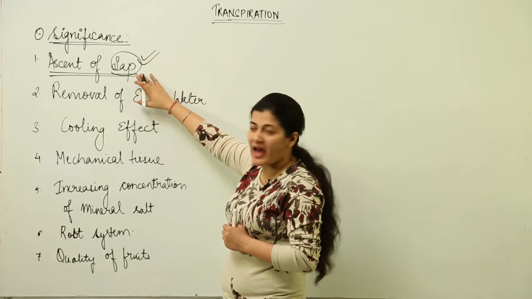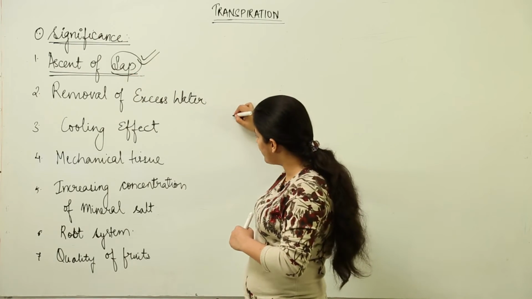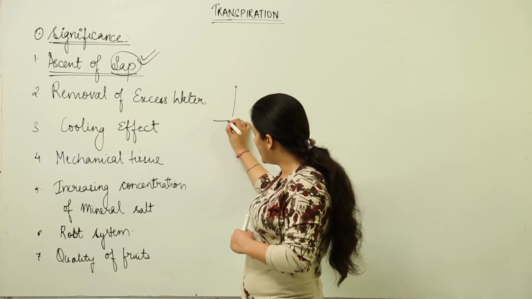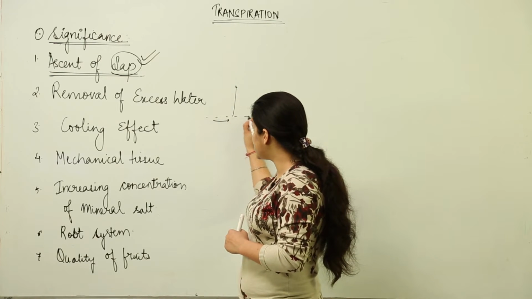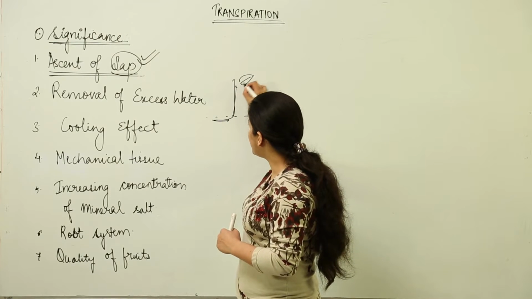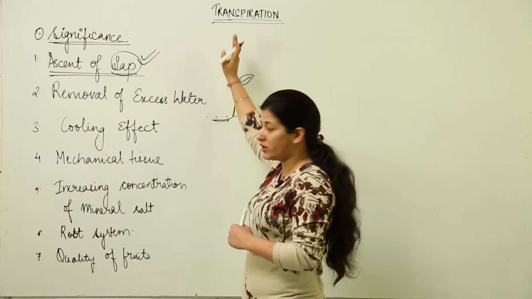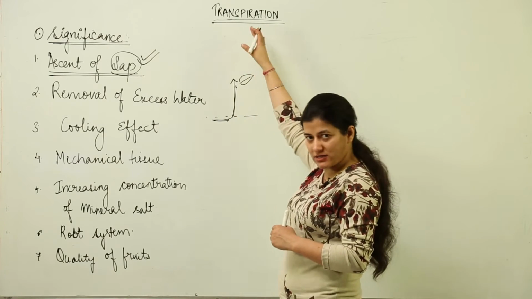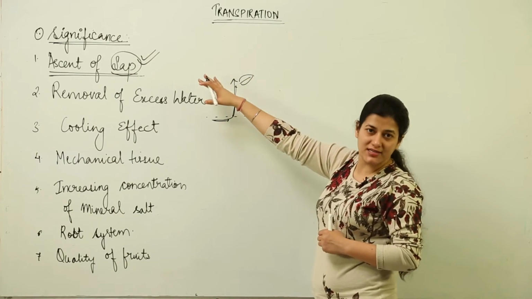So this sap's ascent, that means its movement upwards from the root in the soil, supposedly this is the soil, to the leaves, this particular movement of water upwards to as much height as the plant is having, is known as ascent of sap.